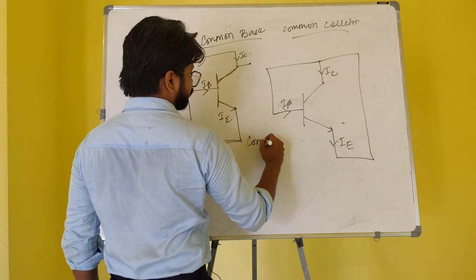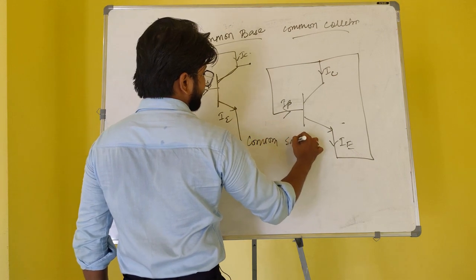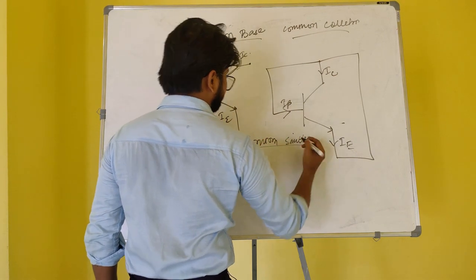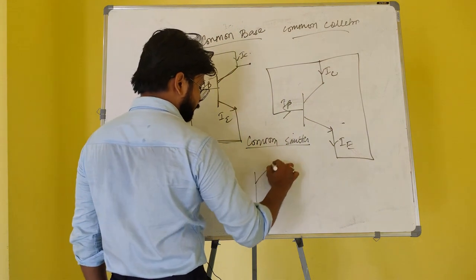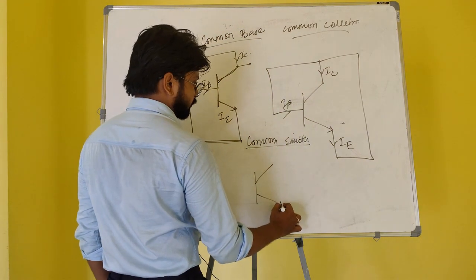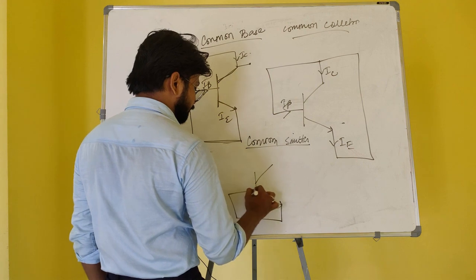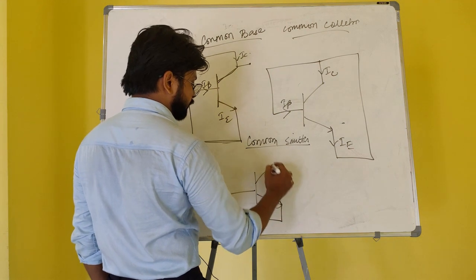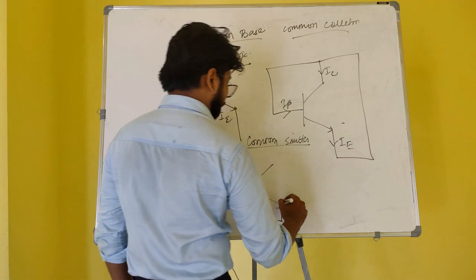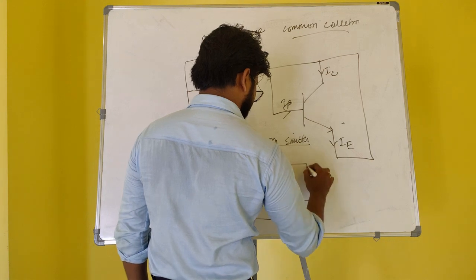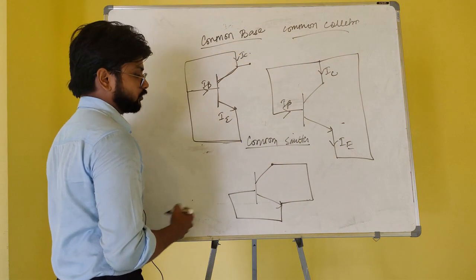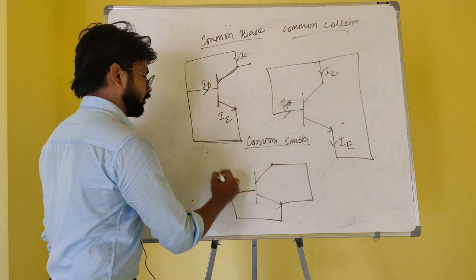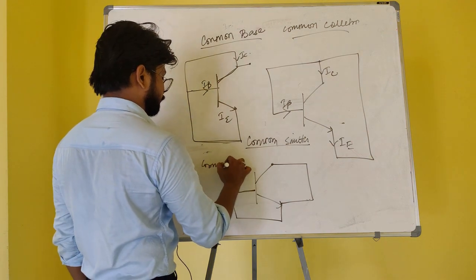Now moving on to the common emitter configuration. In the common emitter configuration, the emitter is connected to the base as well as to the collector. This is the common emitter configuration.